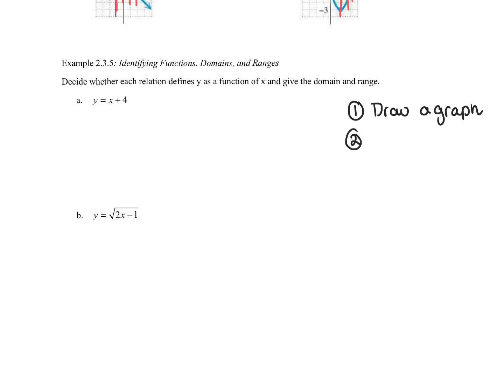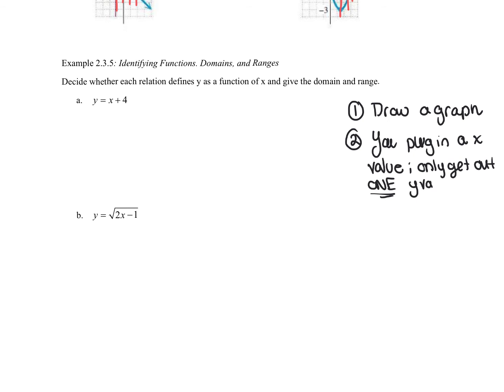Option 2 is that you plug in an x value and you should only get out one y value.